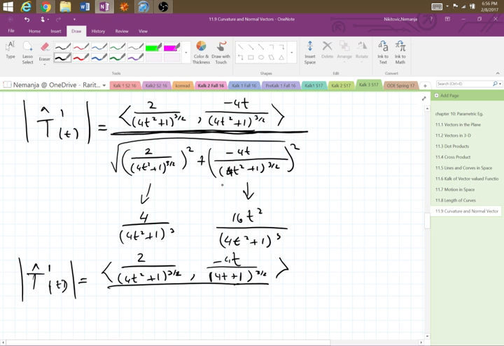So those squares will cancel. We still have plus in between them and the square root. So these guys cancel. They go in front. We get 1 over 4t plus 1 to the 3 halves.